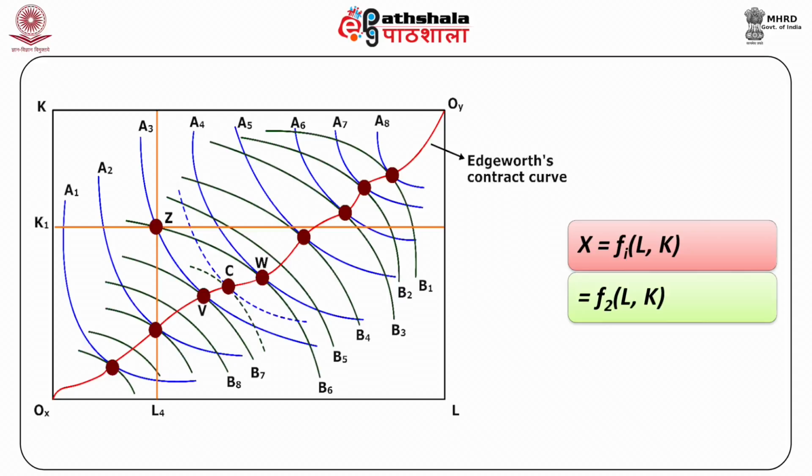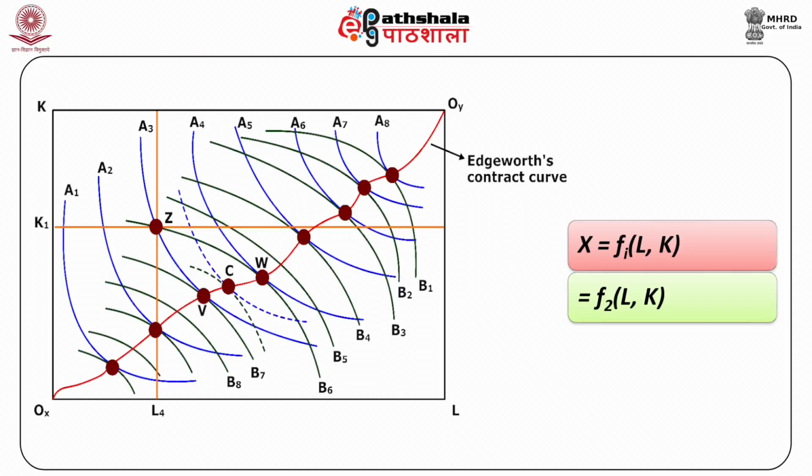Now, if we were to join all these points, then you would see that there is a zigzag line. Please notice the red line which passes through all these points of tangency is a zigzag line.